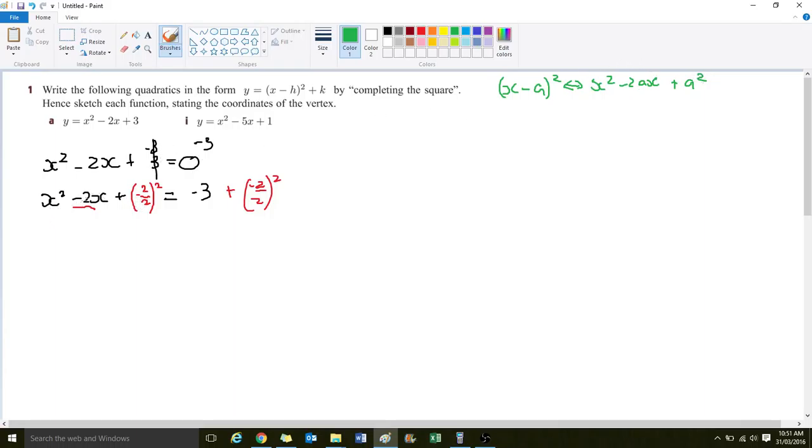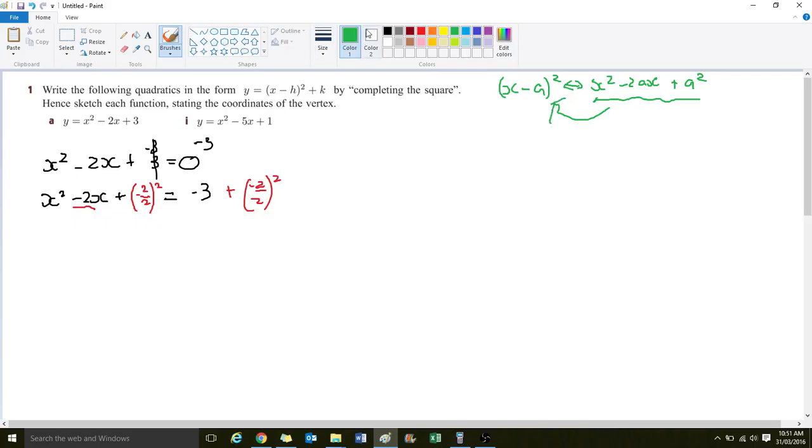We've got x squared take 2 times a. Now in this circumstance, a is just going to be 1. Minus 2 divided by 2 is just 1, and what we've got is minus 1. Minus 1 squared is just going to be 1. Okay, so we've got it in this form, and we're going to write it like that using the perfect square rule.